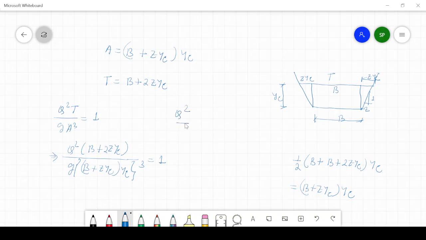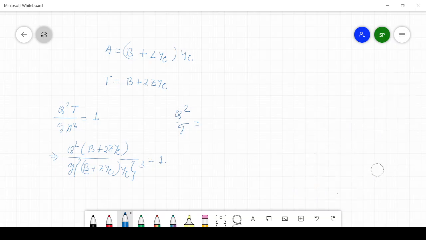Q square by g is equal to, let me write this expression, B plus ZYC into YC, whole to the power cube, by B plus 2ZYC. Okay, I can write in this way.